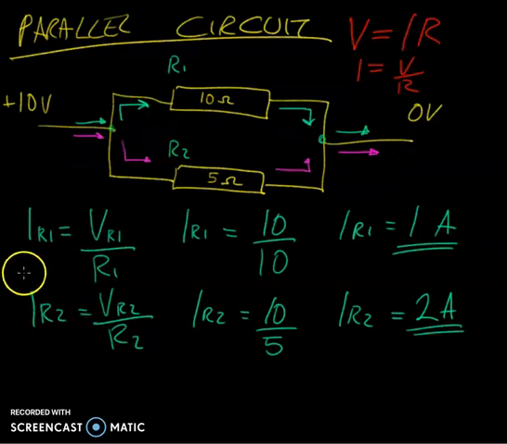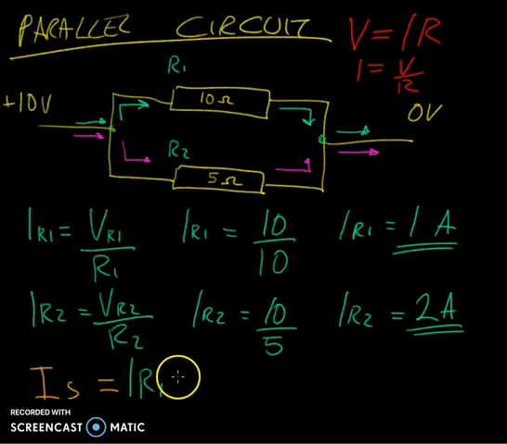Well, we can say that IS, the supply current, the circuit current, the total current if you like, is equal to IR1, the current passing through this side, plus IR2, the current passing through the other side.